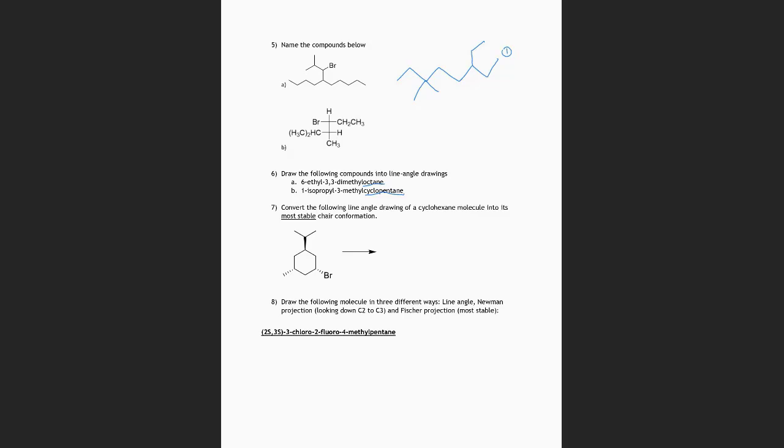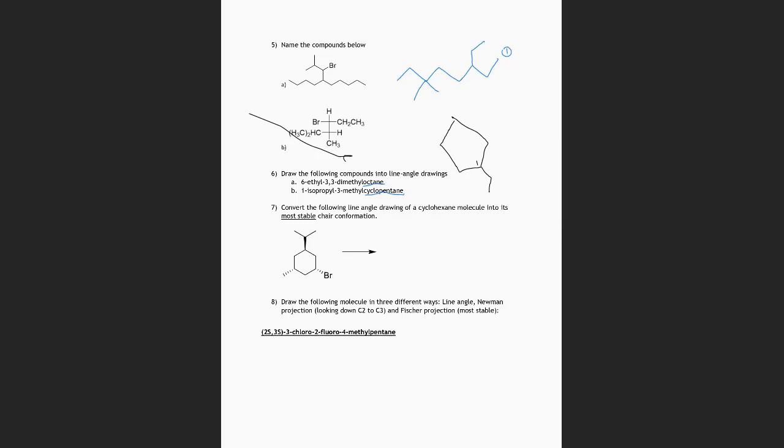So now we're going to do a cyclopentane. First we're going to draw out the pentane molecule. Okay, so now it says 1 isopropyl, 3 methyl. So I'll just start really anywhere. I could just make this my 1 position, so this is 1. Sorry, I don't know why my pen did that.